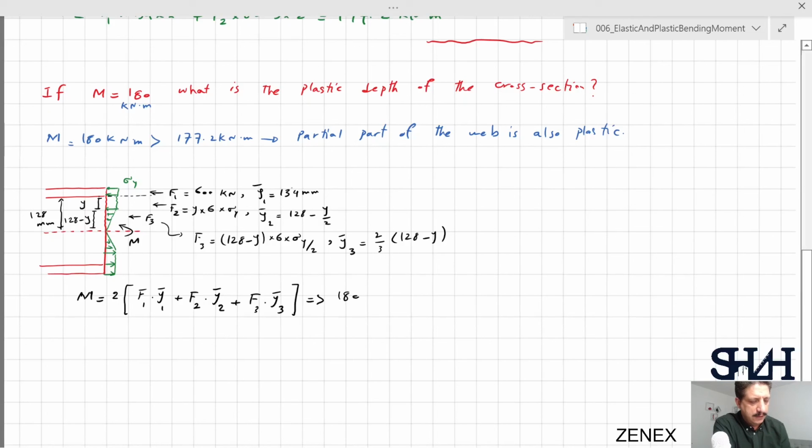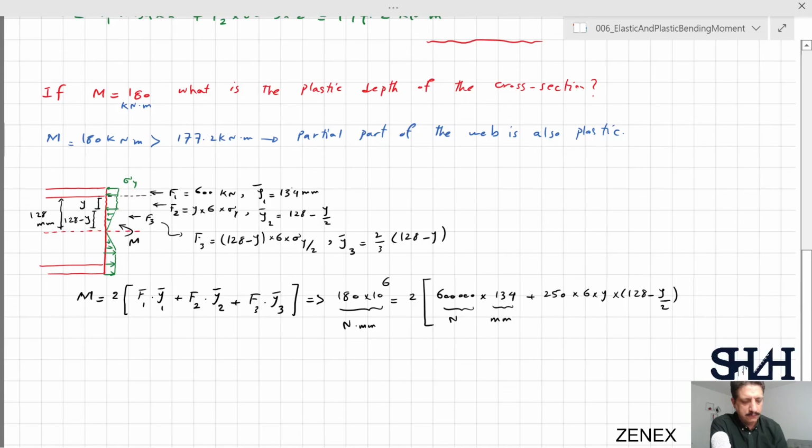M is 180 times 10 to the power of 6 Newton millimeter, which equals 2 times F1, which is 600,000 Newton, so that I don't need to worry about the dimensions, times Y bar 1 in millimeter, plus F2, which is now 250 megapascal times 6 times Y, this is now in Newton, times (128 minus Y divided by 2), and plus 250 divided by 2 times 6 times (128 minus Y) times 2/3 of (128 minus Y).